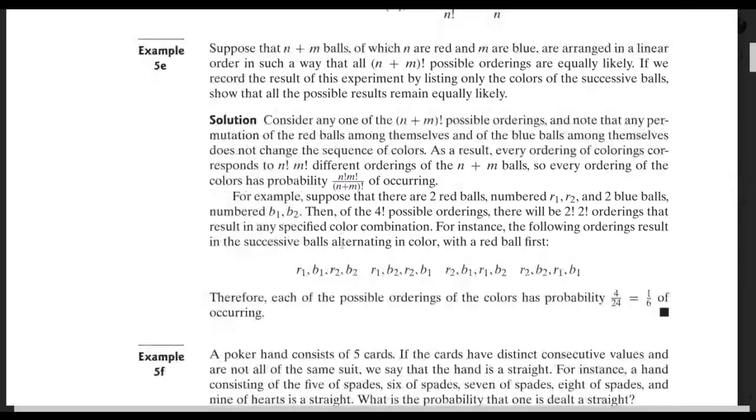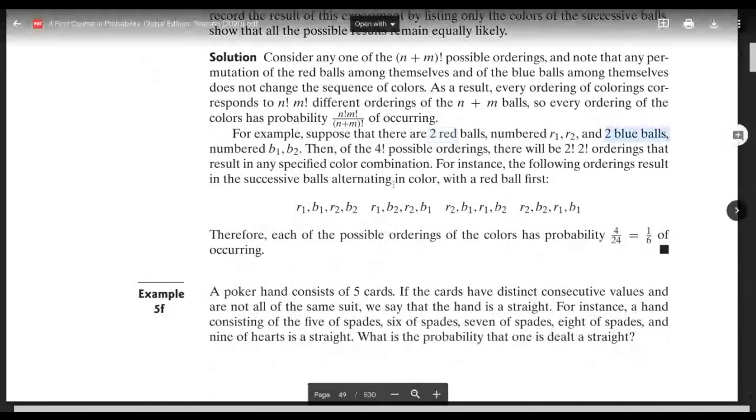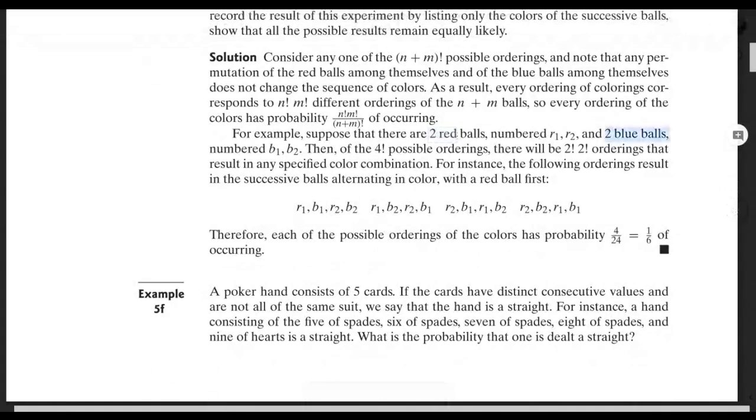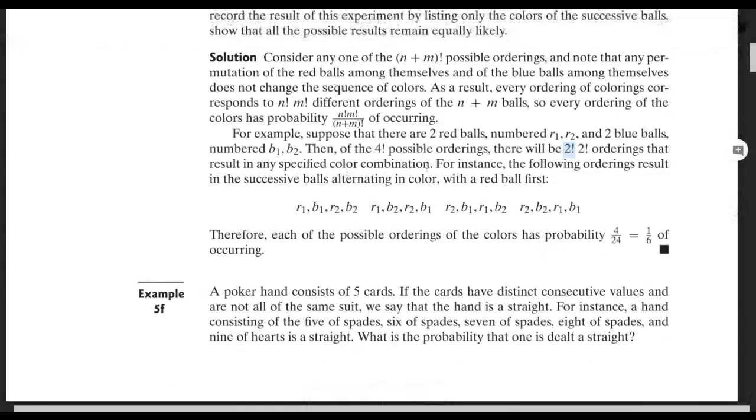Okay, given an example, suppose there are two red balls and two blue ones. We call them R1, R2 for red, B1, B2 for blue. There are 4 factorial possible outcomes in total, right? But 2 factorial times 2 factorial orderings give the same color combination.